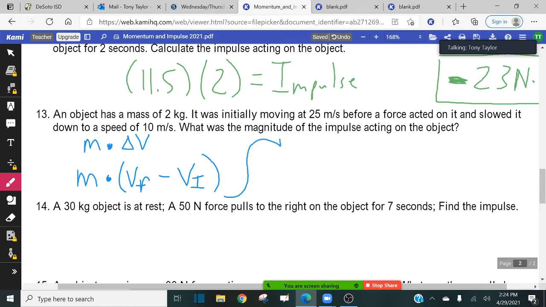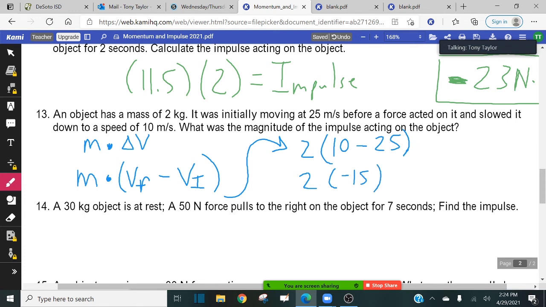Okay, so guys, let's plug everything in. So our mass is 2 kilograms. Okay. So notice it says the object was initially moving at 25 meters per second before a force acted on it and slowed it down to 10 meters per second. So 10 meters per second was the object's final velocity, and 25 meters per second was its initial velocity. So in this case, you get 2 times negative 15, right?